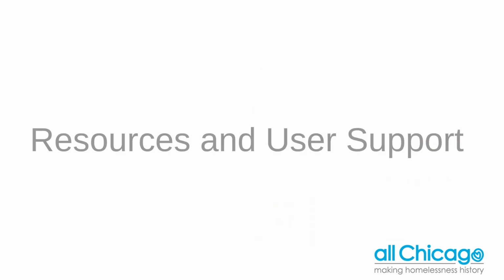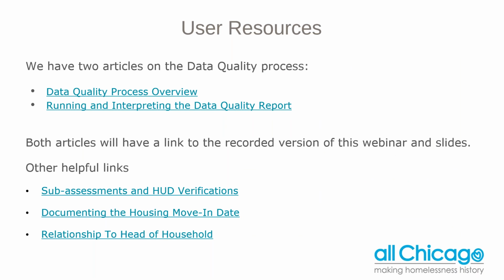So, resources and user support. We have two articles on the data quality process. The main data quality process overview article goes over pretty much all of the elements we're looking at, the timeline, when things are due.